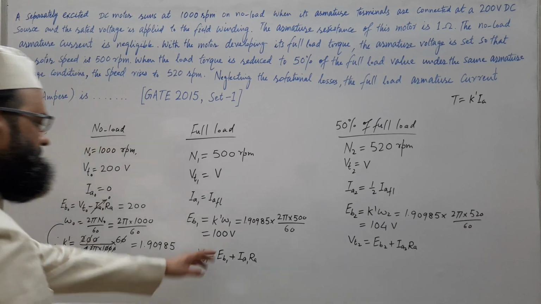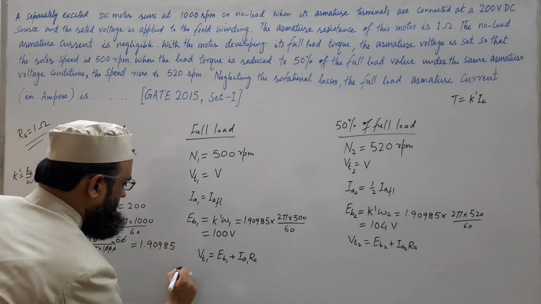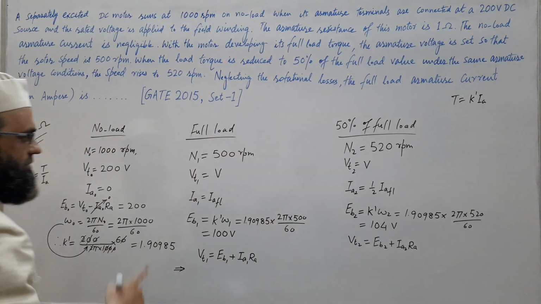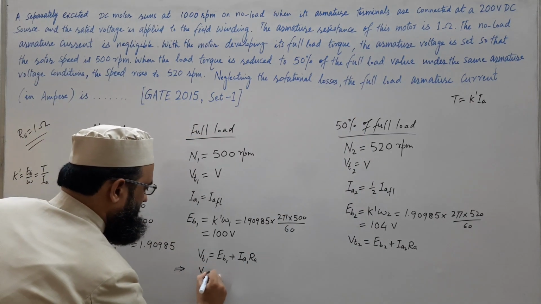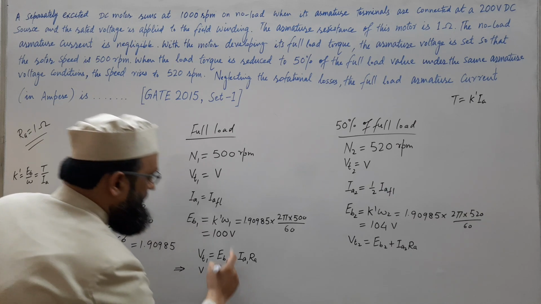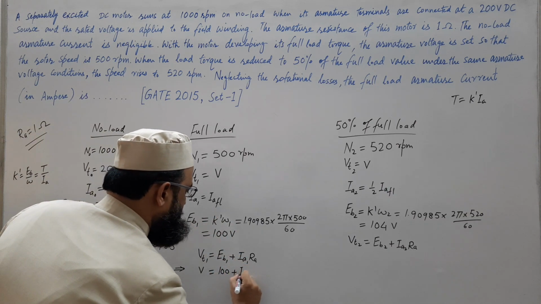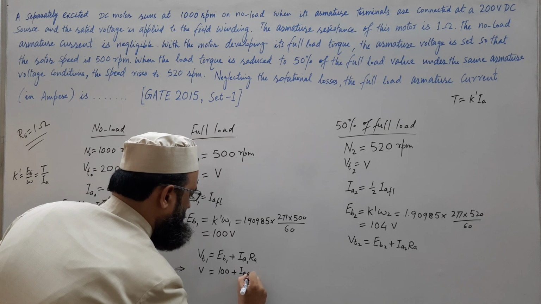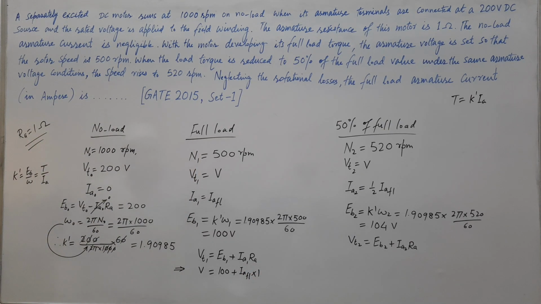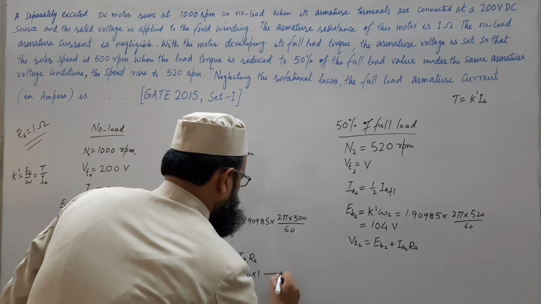Fine. Substitute the values. This implies these two, VT1 and VT2, are the same as stated in the problem. So V is equal to EB1, which is 100, plus IA1, which is IAFL, full load, into RA, which is 1 ohm. This is equation number 1.